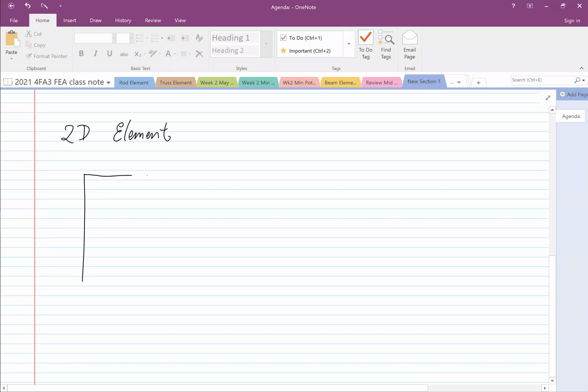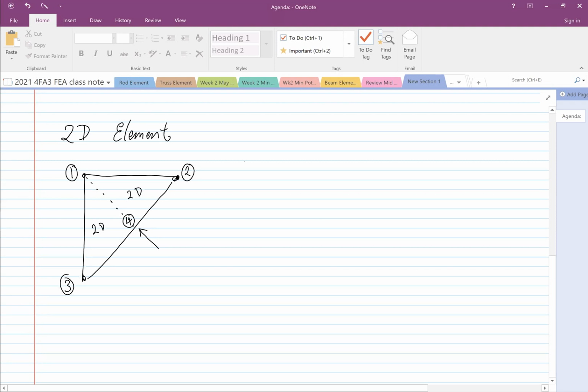The 2D elements that I showed you in this class only have 3 nodes. Node 1, depending on how you name it, I like it node 1, 2, and 3. If you have one more node, let's say I have extra loading right here and I need one more node, node 4, then you split that into 2D triangles.